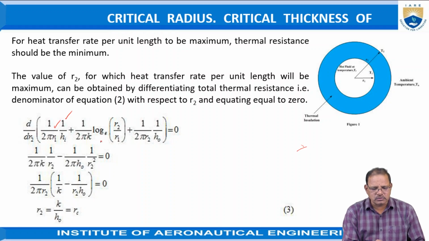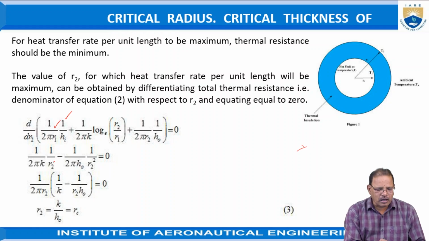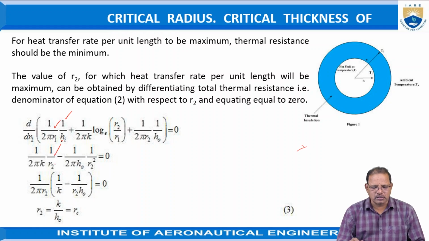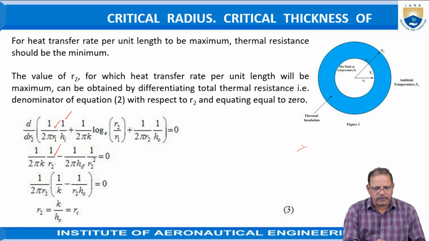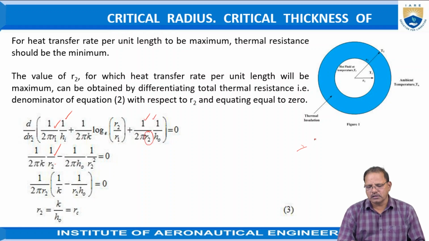The remaining term, 1 by 2 pi k log R2, on differentiation is 1 by R2. Now the last term has R2 in the denominator, that is 1 by R2, so it is R2 to the power of minus 1.